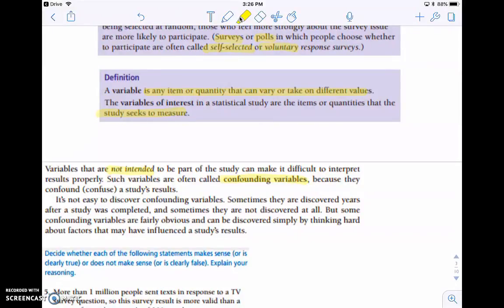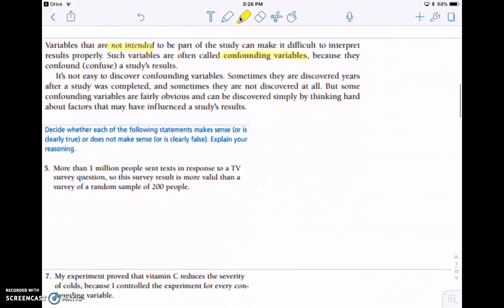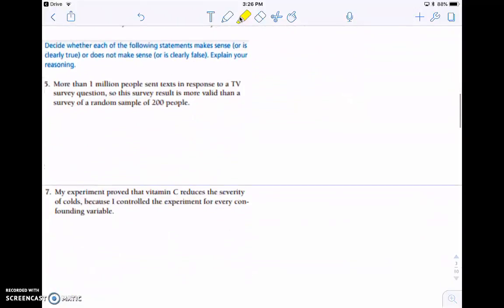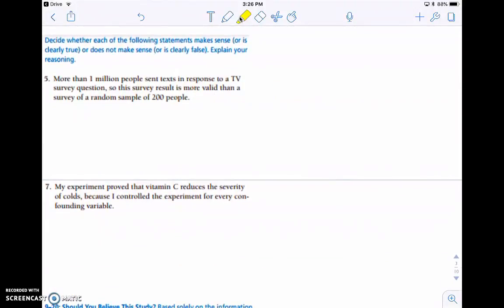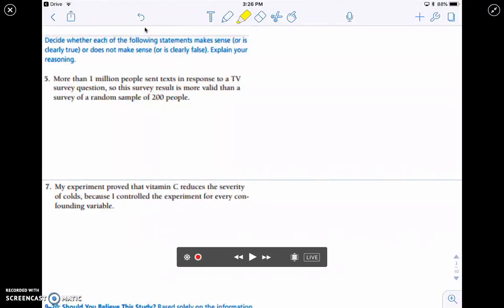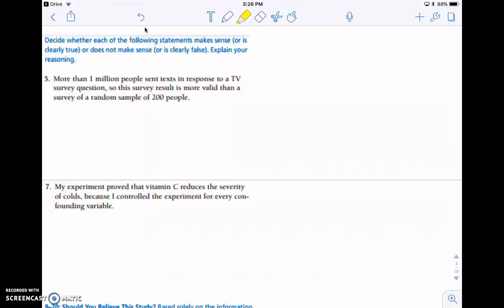But those confounding variables can be very difficult to identify. If someone claims to have identified every confounding variable, that would make us question the study right up front. So those are all these definitions and things we're going to need to take into account as we try to make some decisions here.